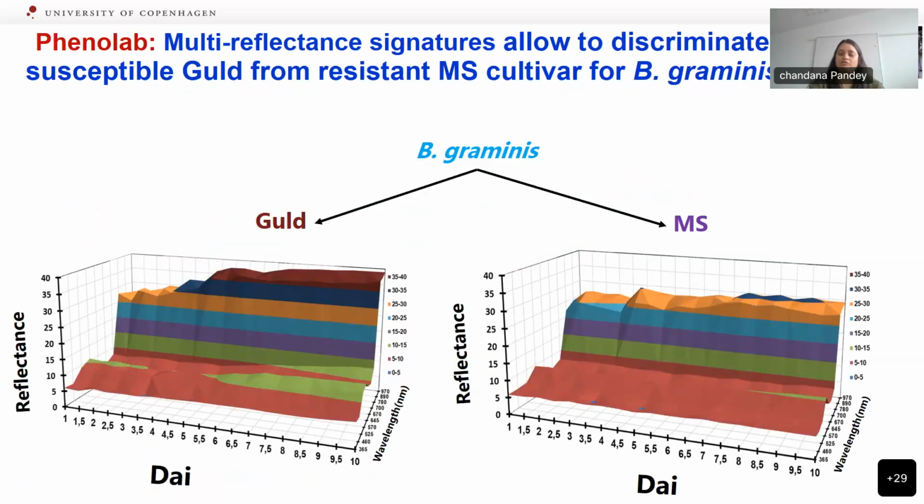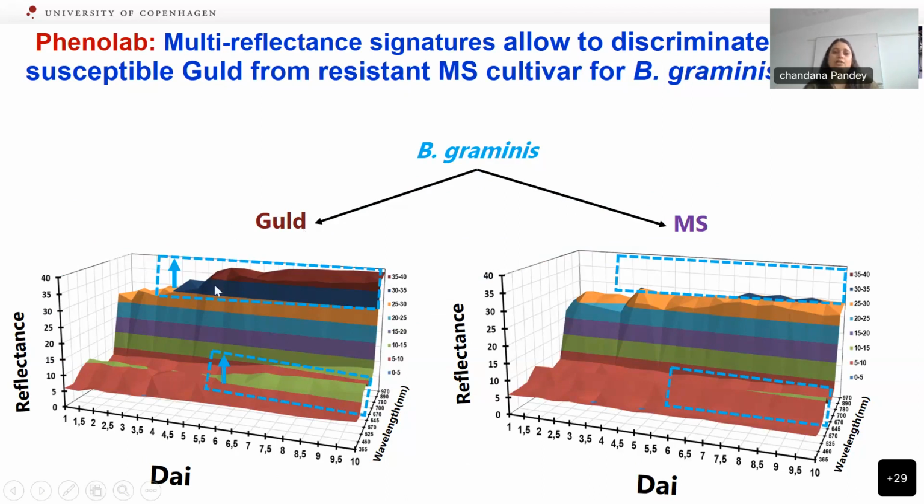Now comes the phenolab. So after investigating the microscopy, we found that we can only detect at the later time points with most of the reflectance and fluorescence filters except one. So we wanted to see what is happening in the phenolab. With the phenolab, the interesting thing here was that we were able to identify 7 out of 9 reflectance wavelengths as a marker for the sensitivity to Blumeria graminis.